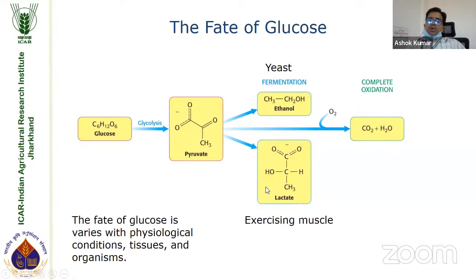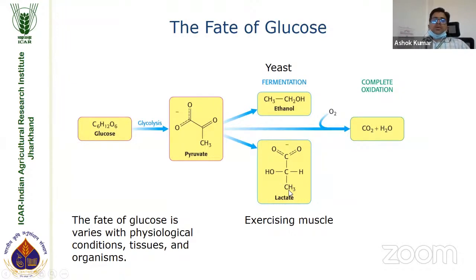These are partial oxidations of glucose, but the TCA cycle leads to complete oxidation to CO2 and H2O. Here the carbon of glucose gets oxidized, and oxygen gets reduced.